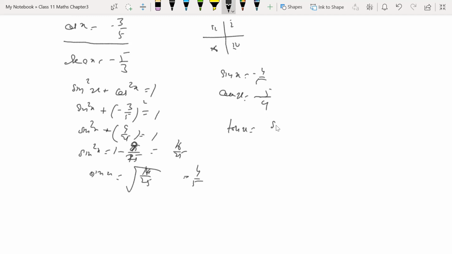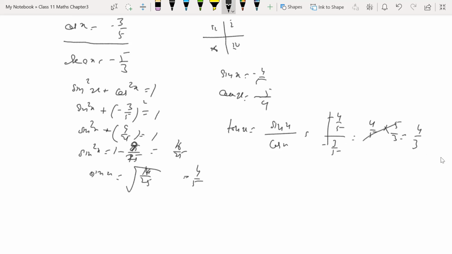Tangent x is sin x upon cos x. Sin x is minus 4 by 5. Cos x is minus 3 by 5. Minus and minus cancel. 4 by 5 into 5 by 3 is 4 by 3.